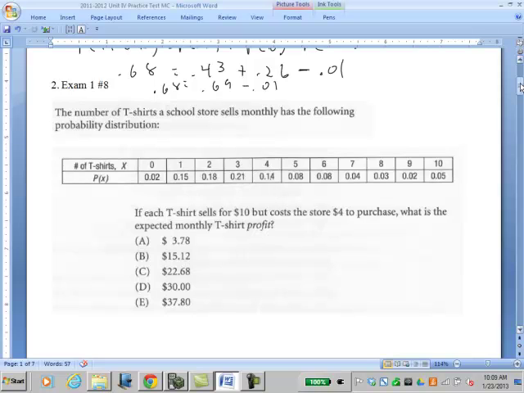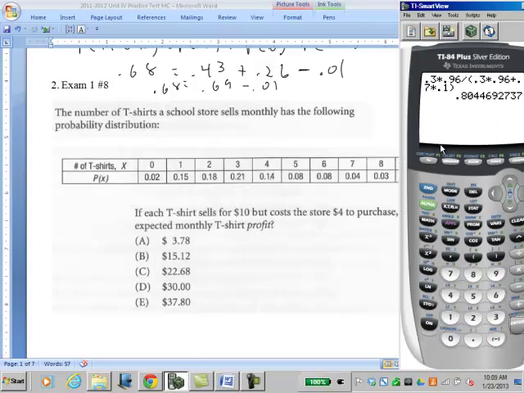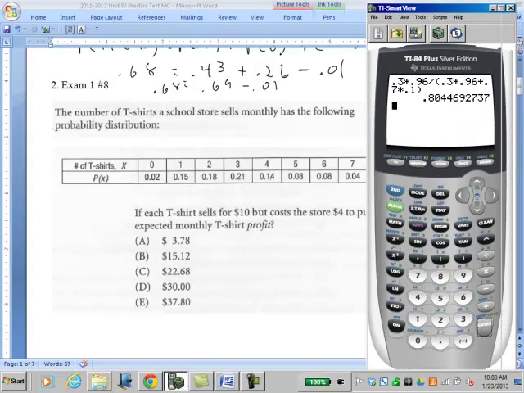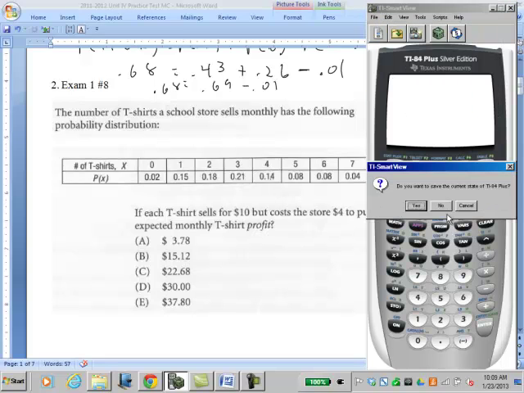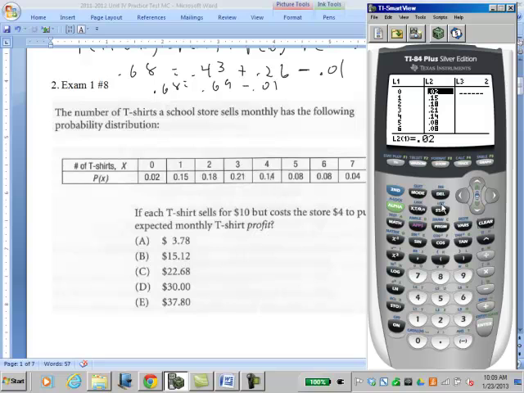Okay, well, in order to do this, we've got to find the expected number of t-shirts per month. Okay, so we take the calculator and we're going to put these numbers in. I'm going to load the numbers. So the numbers are in. I'm going to put in 0 through 10 in L1. That's the expected outcomes, number of t-shirts. And then in L2 are the probabilities.